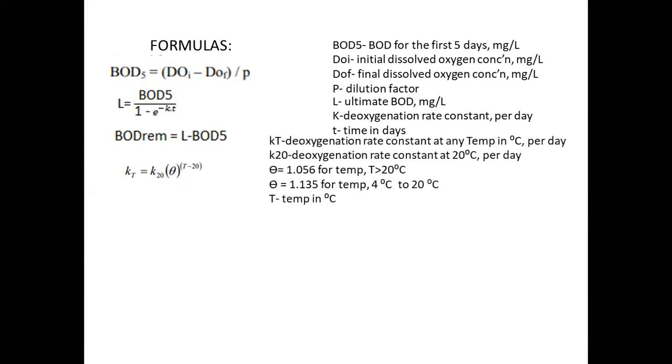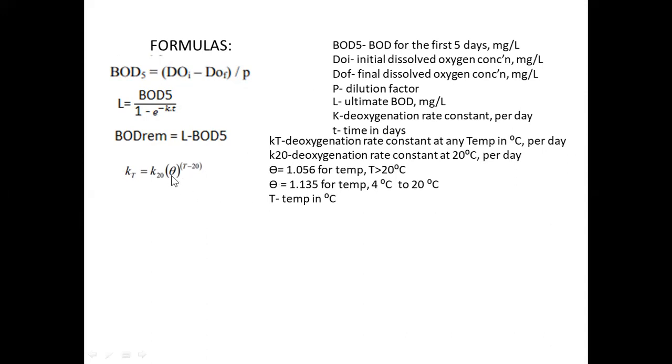Now, kT is the deoxygenation rate constant at any temperature in degrees Celsius. The unit for kT here is per day. We have k20 here. This is the deoxygenation rate constant at 20 degrees Celsius. It is also per day. And we have the value of theta.